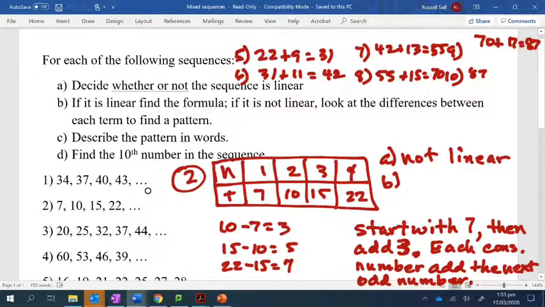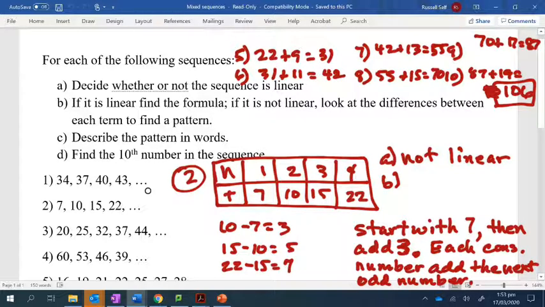And finally 87 plus 19 is 106. So there's our 10th term.